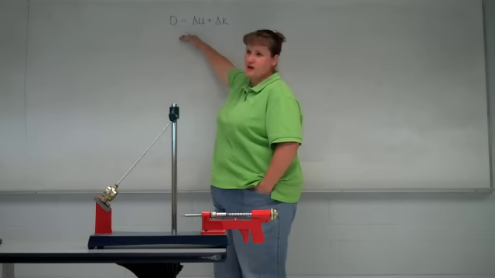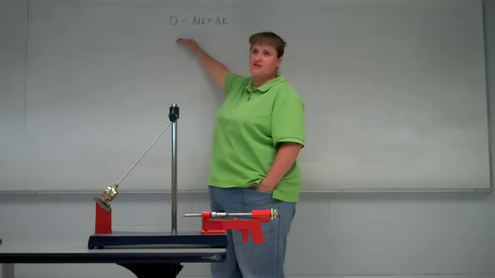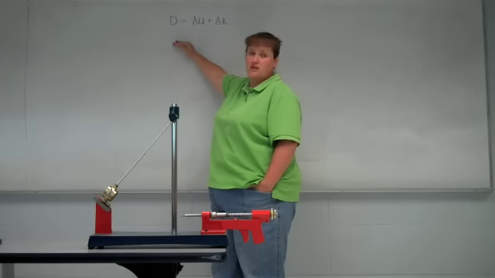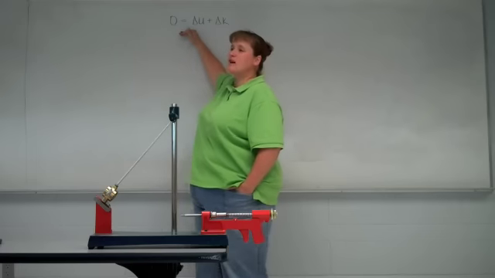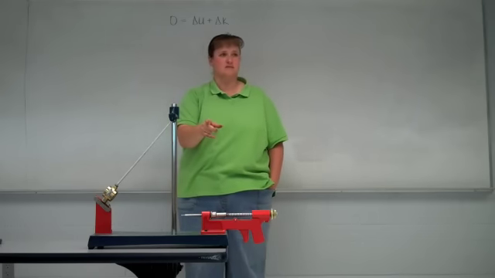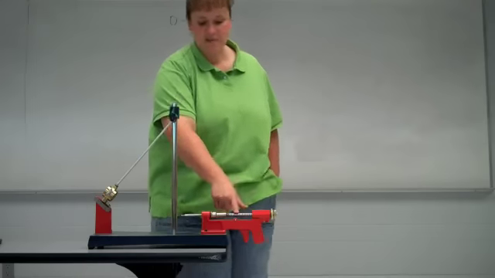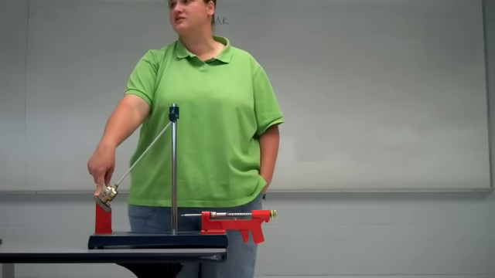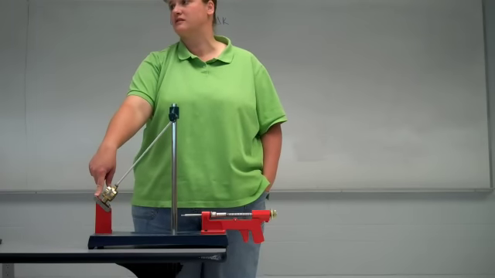We just said this equation only works if there's no friction, no drag, no other forces acting on it besides gravity and the spring. So this equation cannot work in this situation. The elastic potential energy we started with did not become gravitational potential energy to end with.